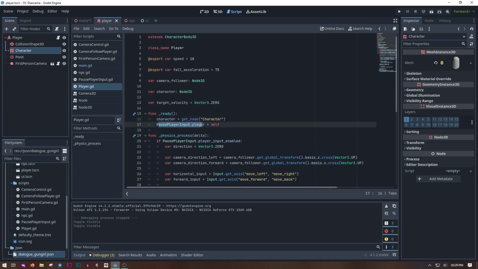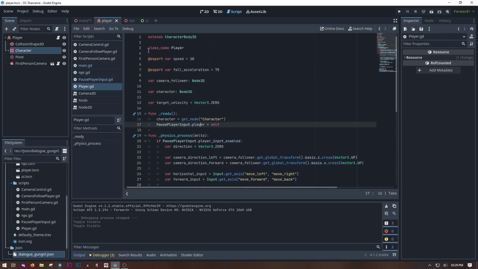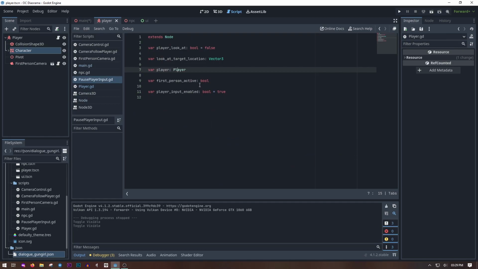Pause player input.player equals self. I don't know what this does. Oh wait, no, yeah. So var player is player, and this is a class name. So we've defined a class in this player script, and pause player input has its own variant player, which is this.